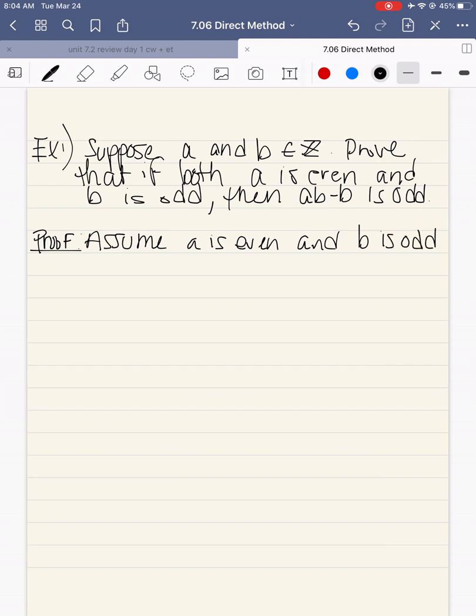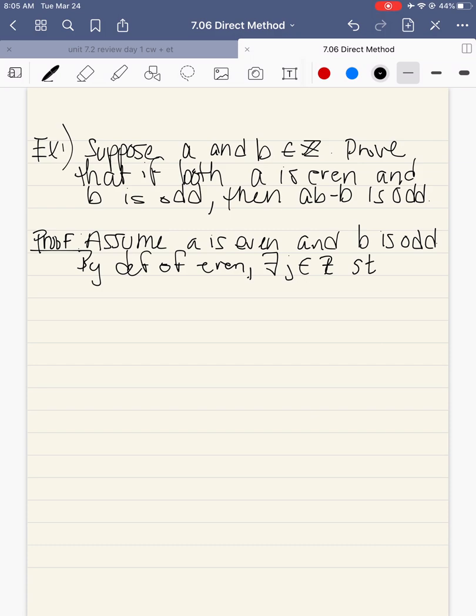So we just assume something, so now we can hit it with a definition. So by definition of even, there exists, and since now this is a new proof, I can continue using J, so there exists a J in the set of integers.